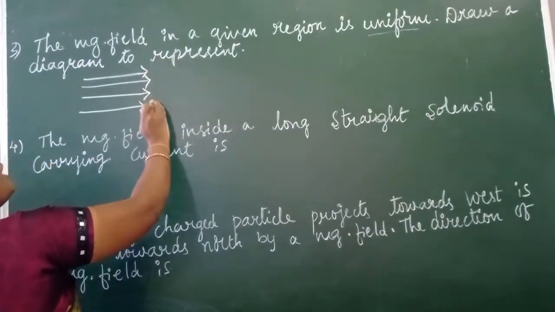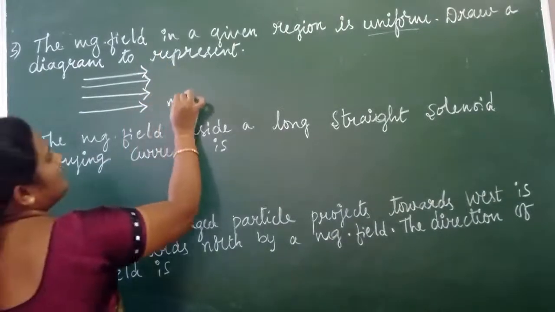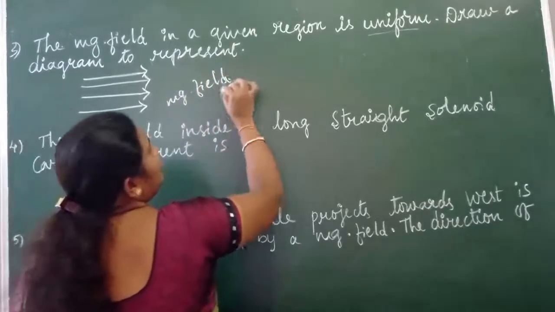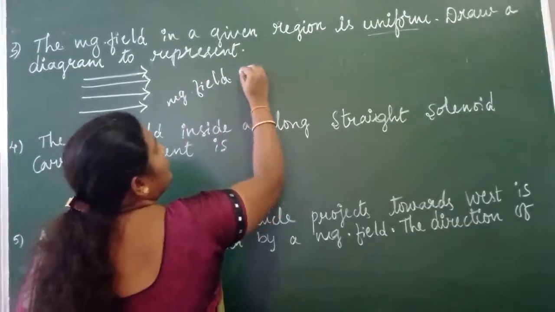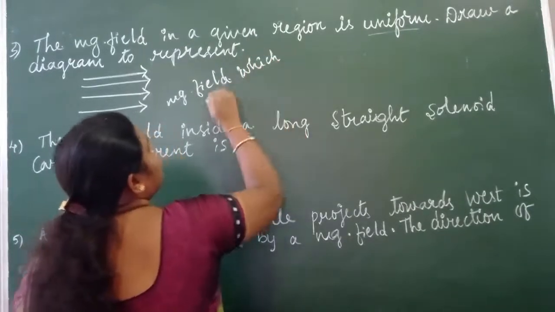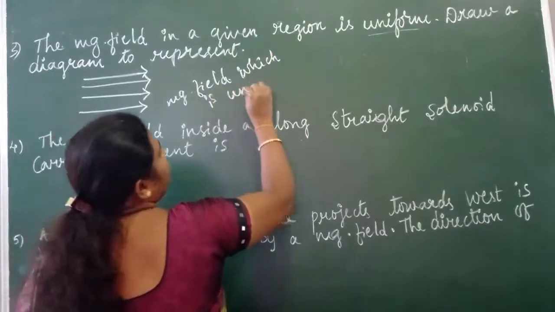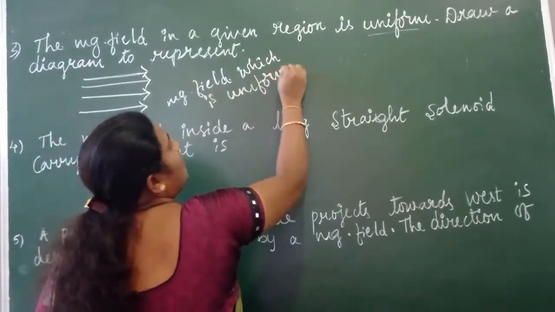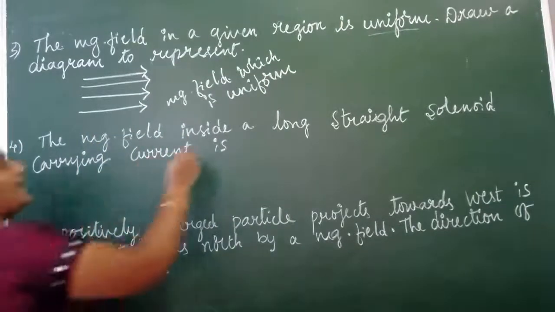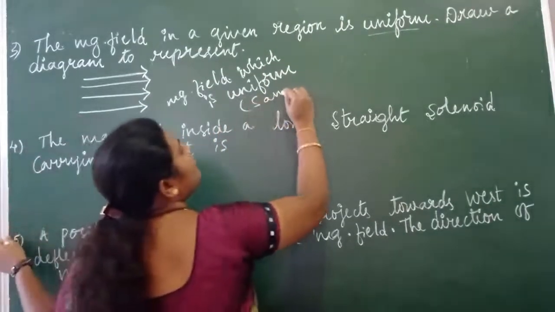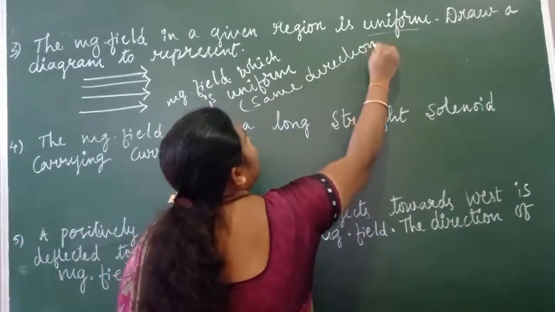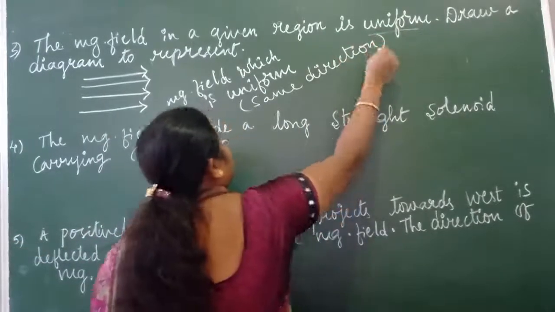This is a magnetic field which is uniform. Means all magnetic field lines are moving in the same direction. That is the meaning of uniform here.